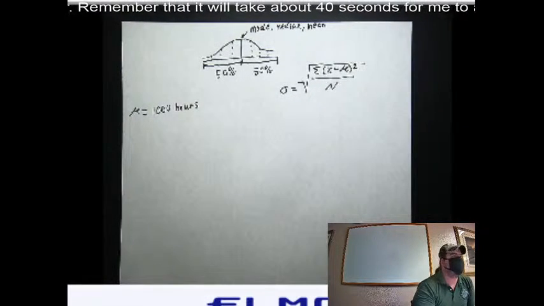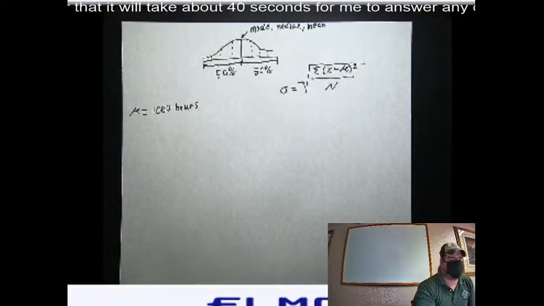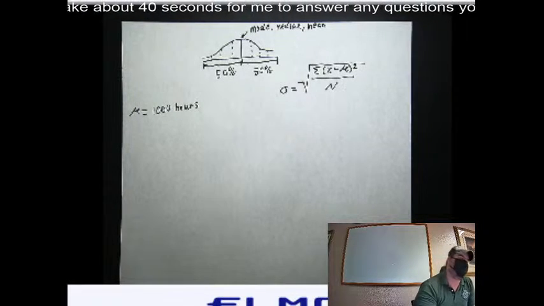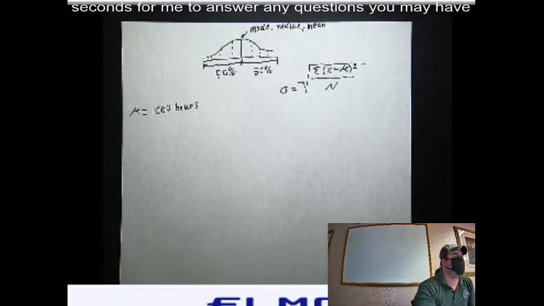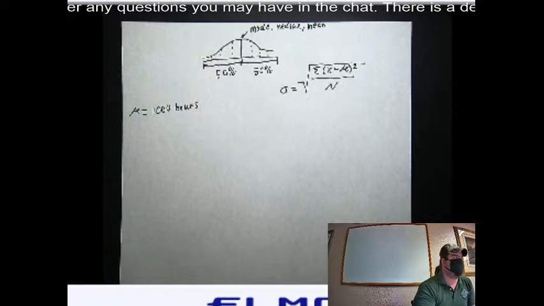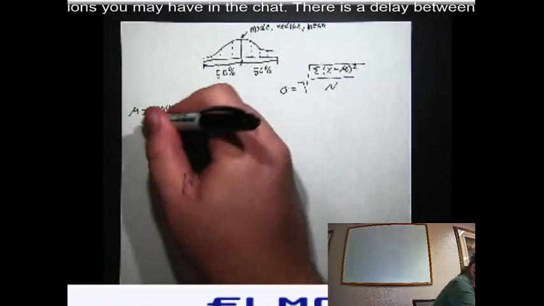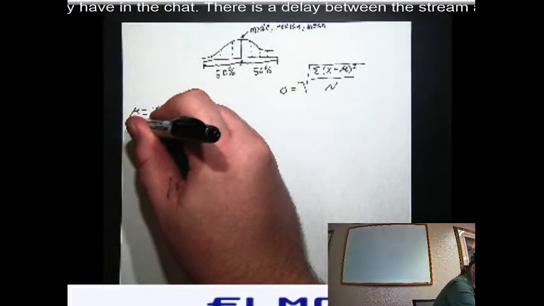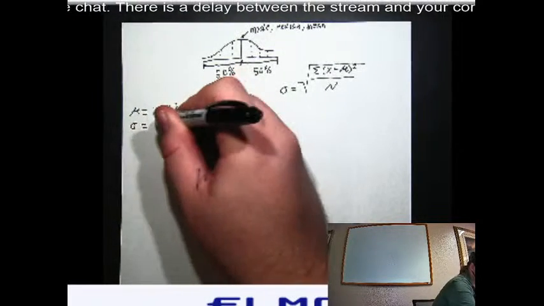However, not every single light bulb lasts 1,000 hours, of course. Some of them last a little bit less or more. And so by calculating a standard deviation for all of these light bulbs, we find that there is a standard deviation, sigma, of 100 hours.